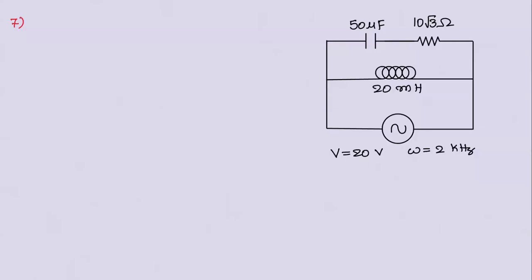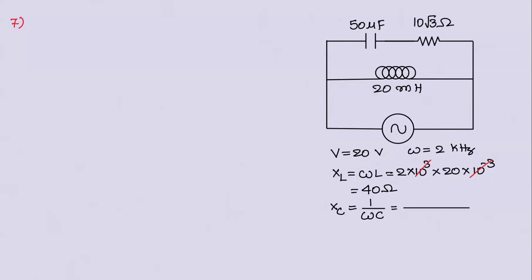First, let us calculate XL, XC, everything. XL is equal to omega L, 2 kilohertz. L is equal to 20 millihenry. The omega L value is 40 ohm. XL value is 40 ohm. XC value. XC is equal to 1 by omega C, that is equal to 1 by omega.